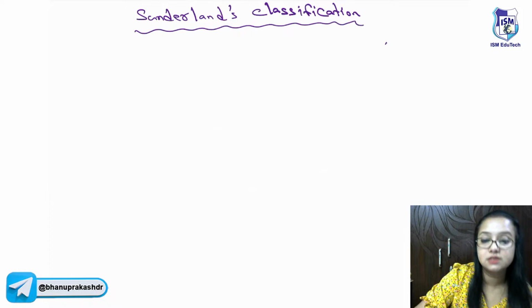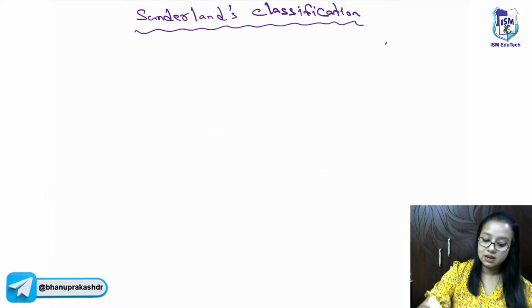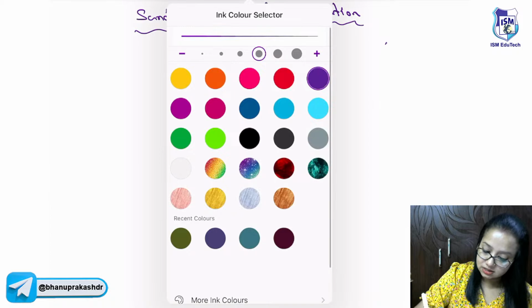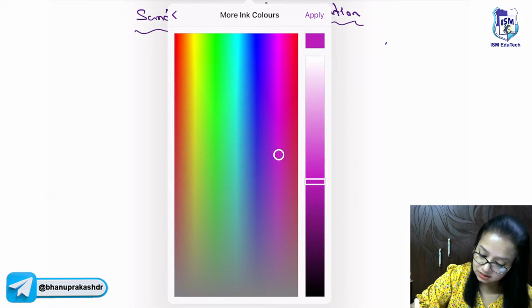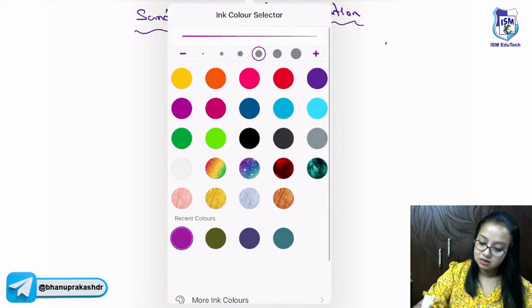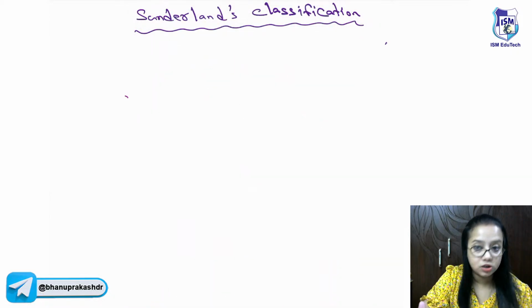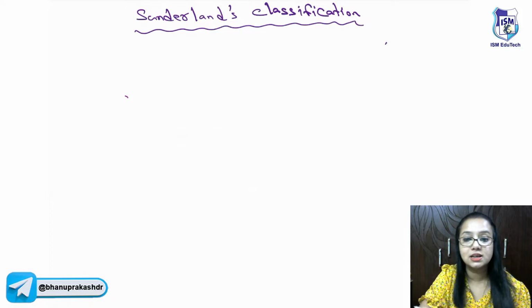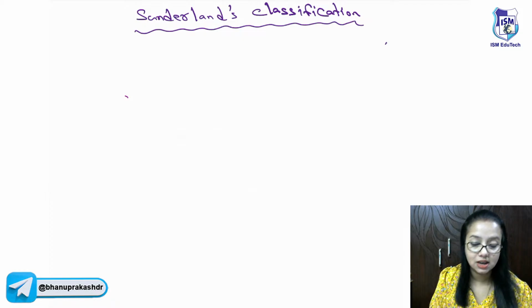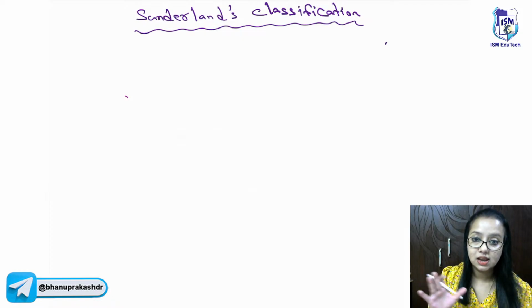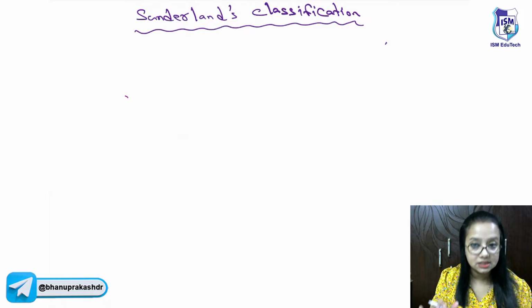What Sunderland did is he took the same classification that Seddon had done, but in a slightly modified way, and instead of three classes he pushed it to five classes, and he mentioned those as degrees.